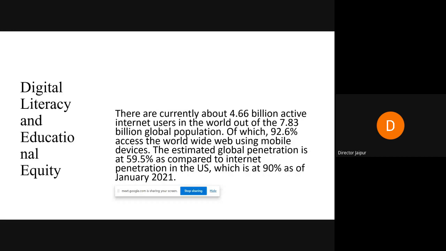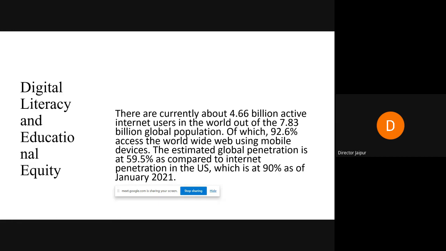As you see here, there are currently about 4.66 billion active internet users in the world out of 7.83 billion global population, out of which 92.6 percent access the World Wide Web using mobile devices. This is very recent data that I have taken using the internet. You can just type digital literacy or use of internet and you get this data.